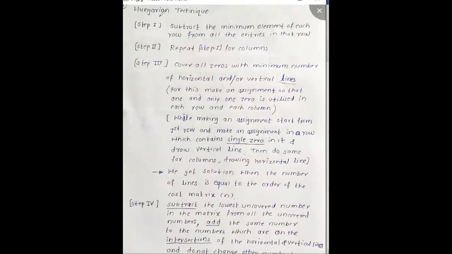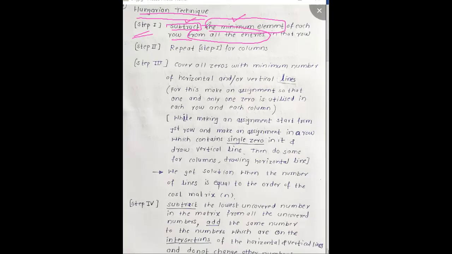Now the technique is known as the Hungarian method or Hungarian technique. Step one: subtract the minimum element of each row from all the entries in that row. So that means we begin with the first row, select the smallest element and subtract it from all the entries in the first row.